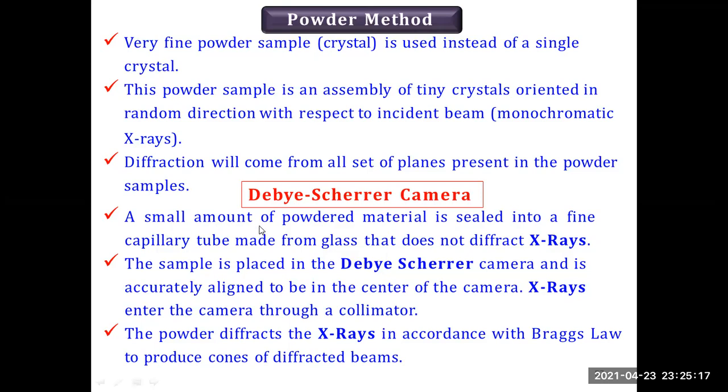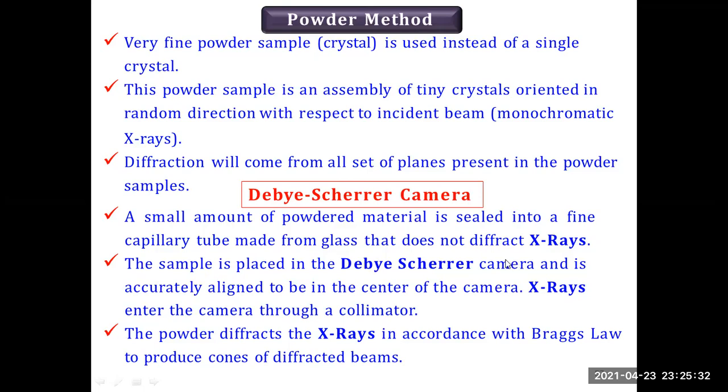You can see a small amount of powdered material is sealed into a fine capillary tube made of glass, which does not diffract X-rays. The sample is placed in the Debye-Scherrer type of camera.